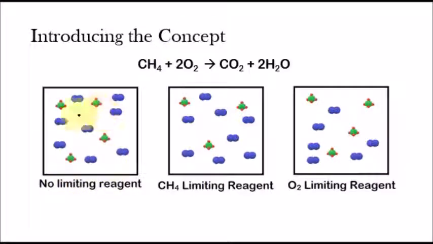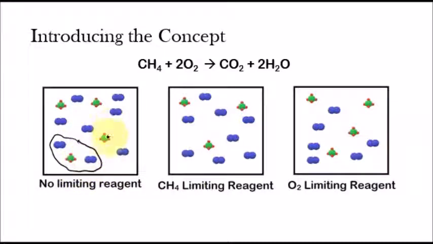Now, in this scenario, the little green molecules represent CH4, and the little blue molecules represent O2. If you look here, for this CH4 molecule, it can react with these 2 oxygen molecules. I'm going to draw a little circle like this.